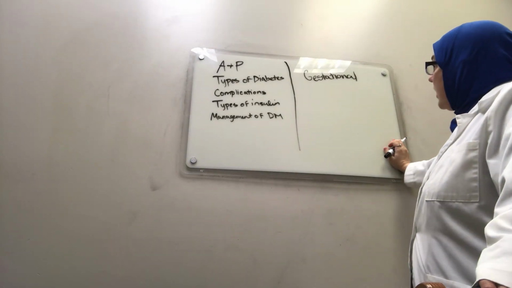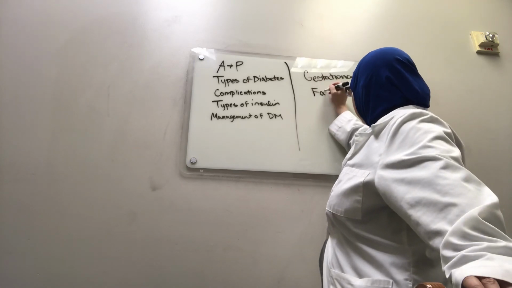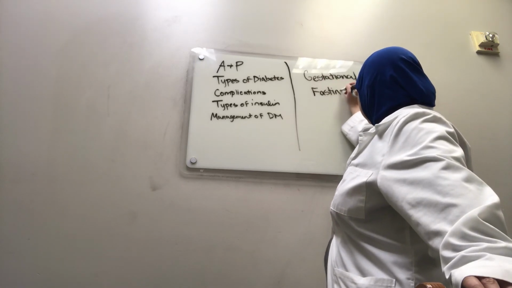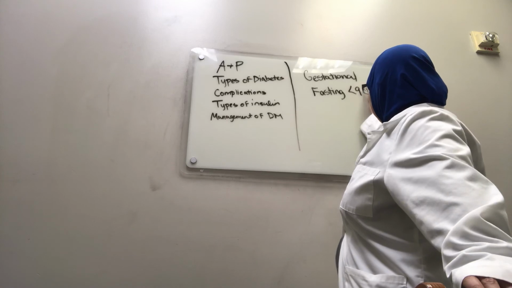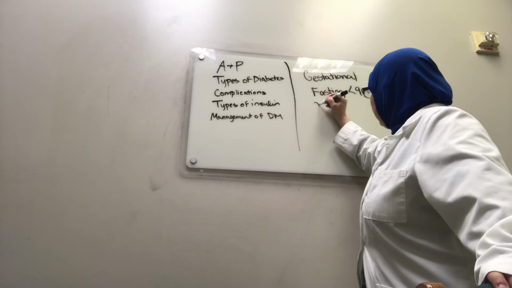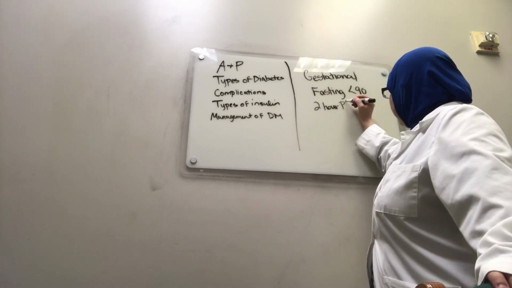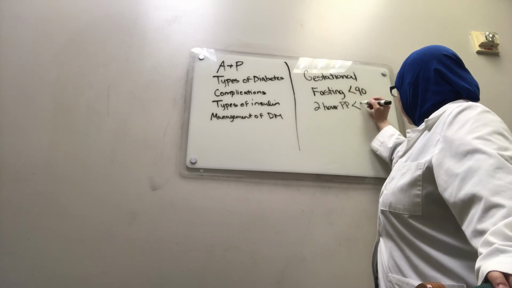We have a very strict guideline with gestational diabetes that we want to keep their blood sugars very, very well controlled. We want that fasting blood sugar to be less than 90, and we want their 2-hour postprandial, that's 2 hours after eating, glucose to be less than 120.